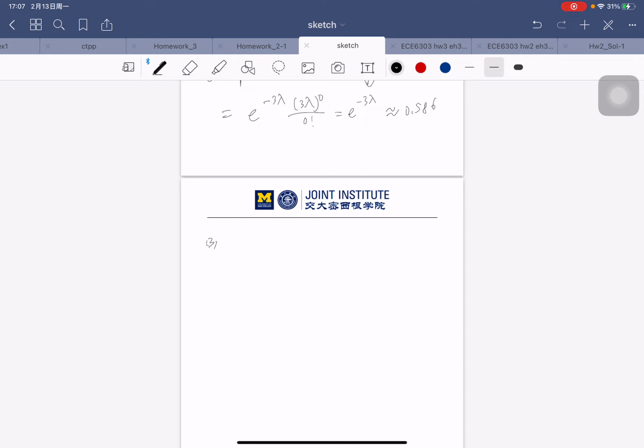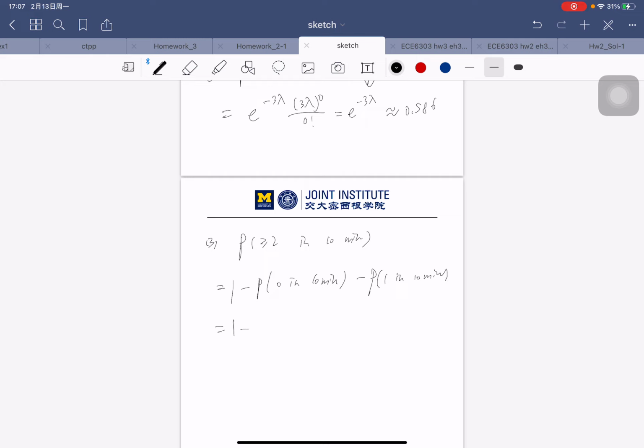And the third question is, at least 2 customers will arrive in 10 minutes. It is equal to 1 minus the probability that 0 customers arrive in 10 minutes, minus the probability that 1 customer arrives in 10 minutes.